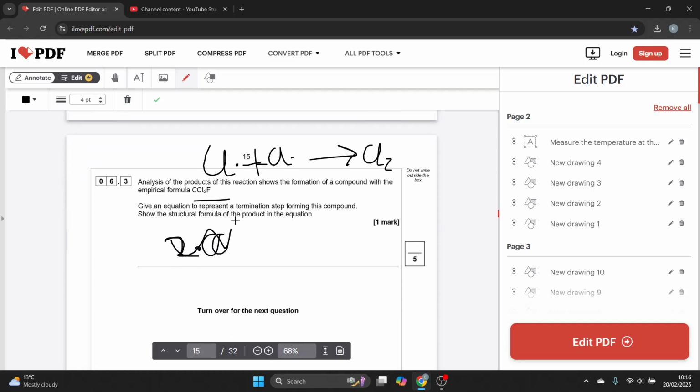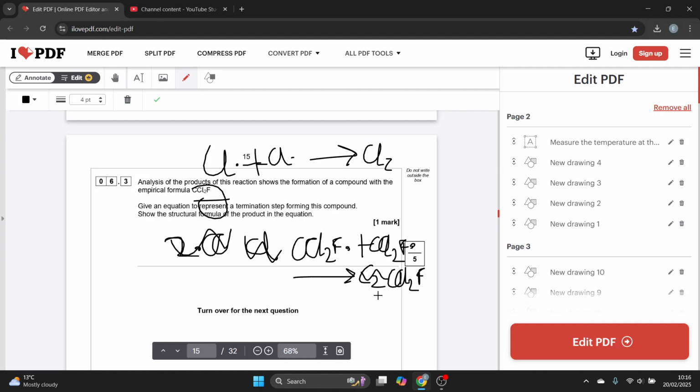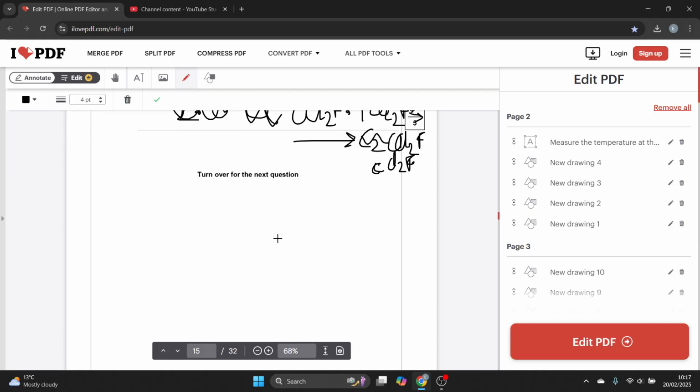So in this case, termination step forming this compound, we'll have CCl2F free radical plus CCl2F free radical to form C2Cl4F2. Or you could just have a 2 in the beginning here with a chlorine free radical. Either way, obviously the arrow should be here, but I don't have space, so that's fine.